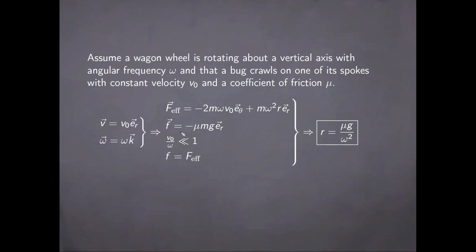Now, the frictious force is simply the one here, and in order for this analysis to make sense, we will assume that we can neglect the Coriolis effects on the bug.